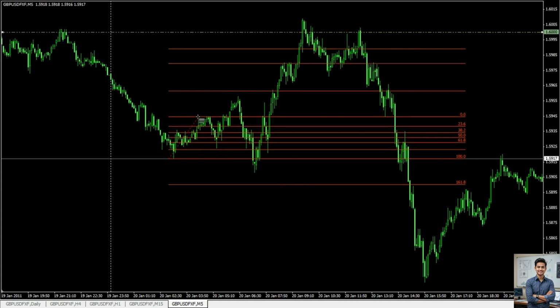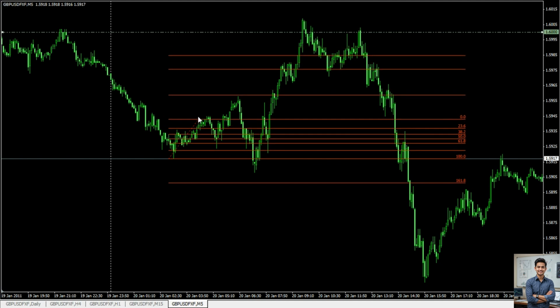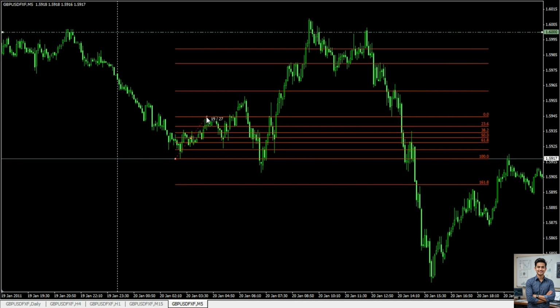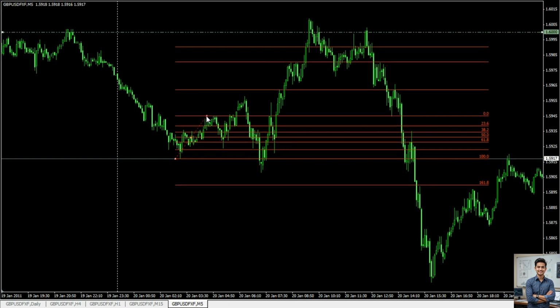Okay, this low here, price traded up into this area, and it started to retrace.